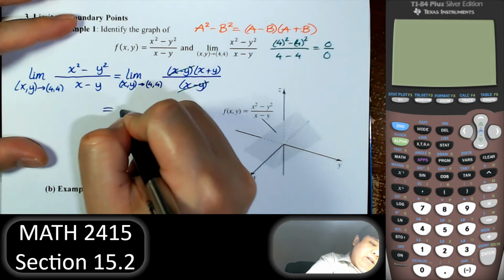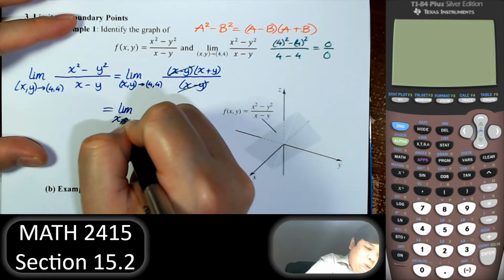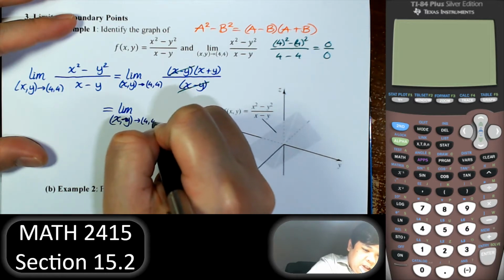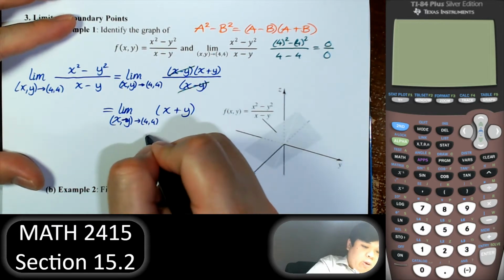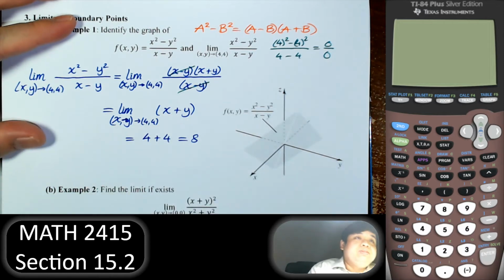And we have the limit as x, y goes to 4 and 4 of x plus y. Then we put in 4 and 4. 4 plus 4 is 8. And that's what the limit is.